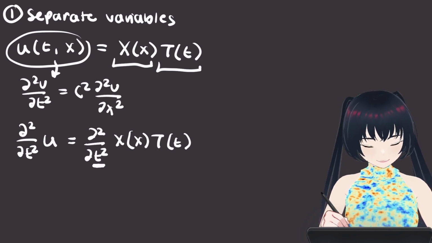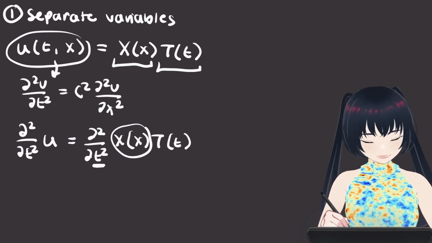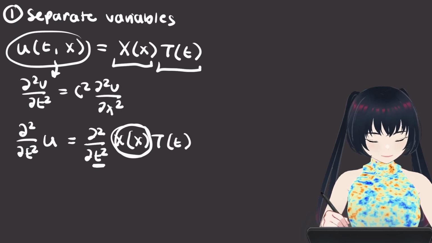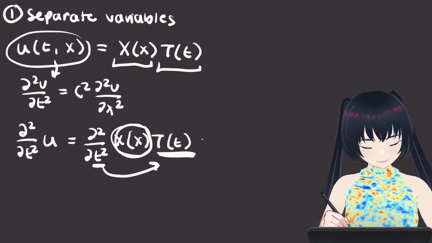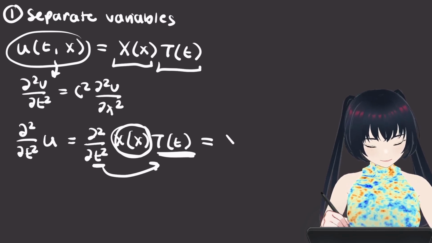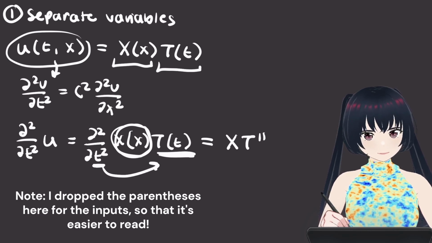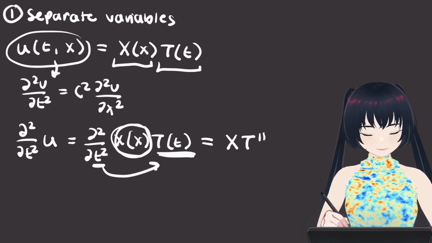But note that this derivative is only with respect to time, which means that this is like a constant. It doesn't have an impact from the derivative. Whereas this is actually influenced by the derivative. So this can be simplified into X times T double prime. And I'm just getting rid of the parentheses here just to make it look a little nicer.